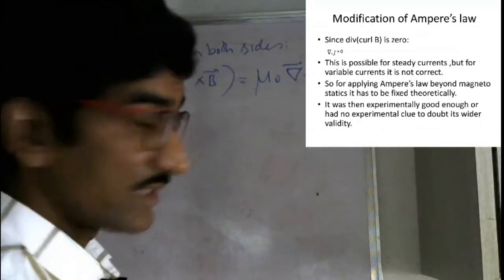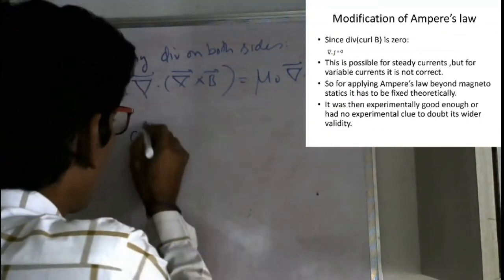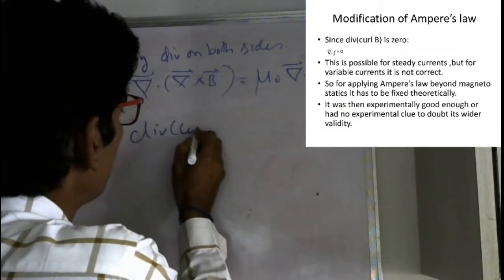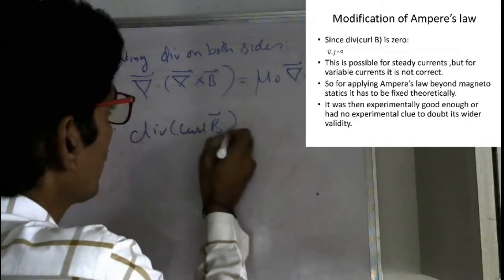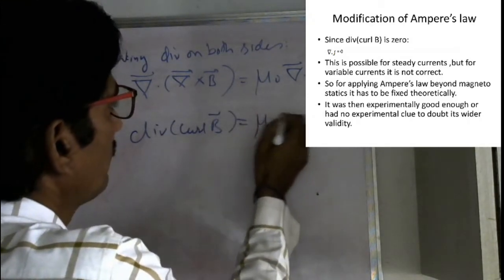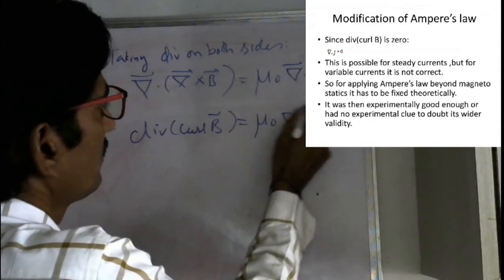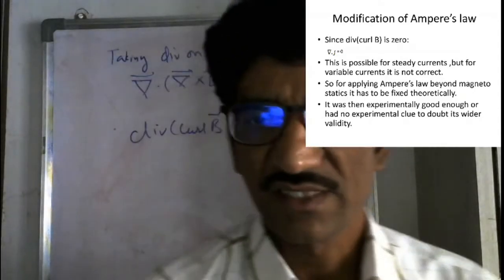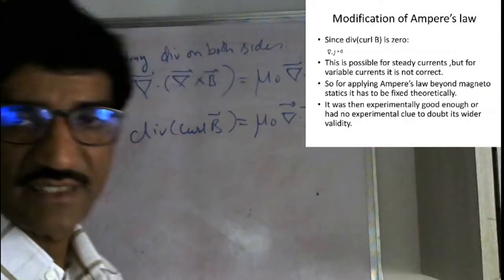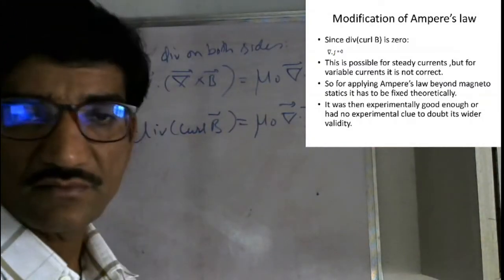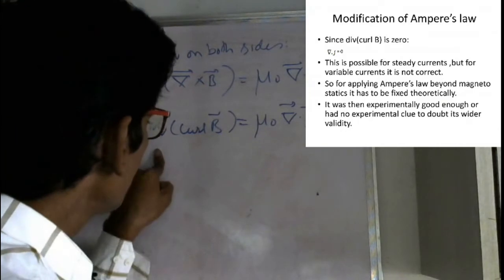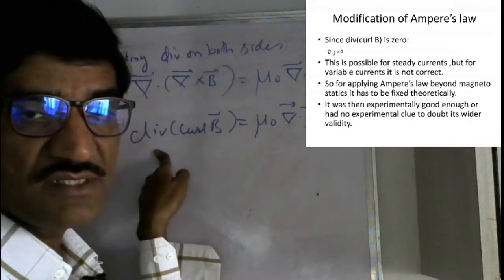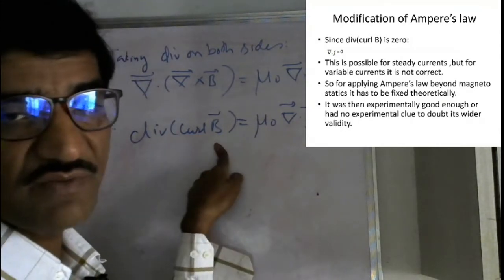What is the divergence of curl B? This is equal to μ naught del dot J. It is the general principle that the divergence of the curl of any vector is 0.